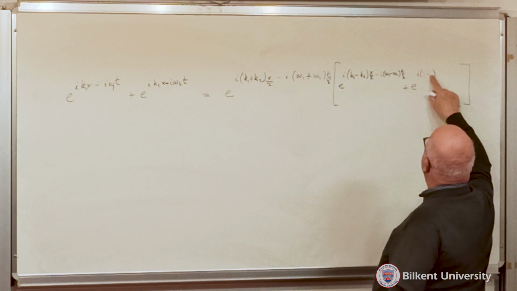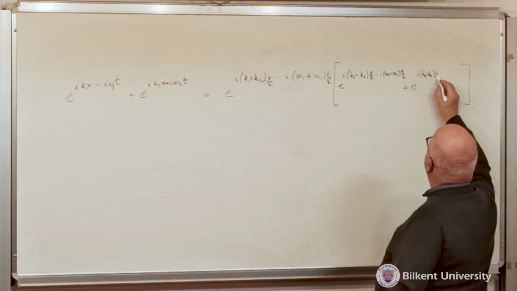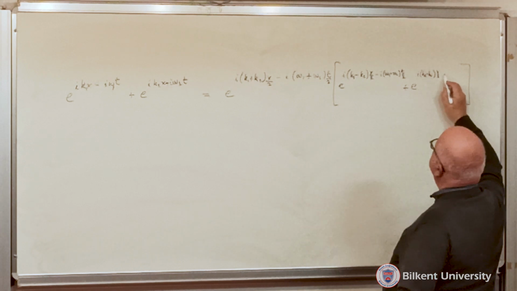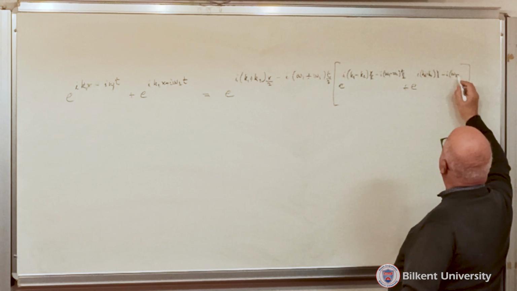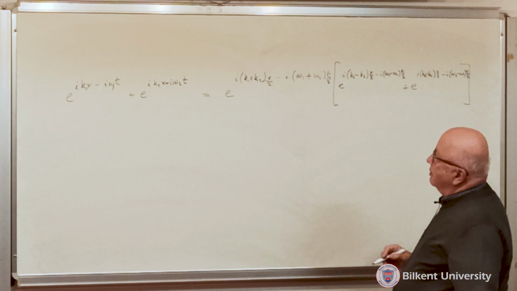So this is going to be (k2 - k1)x/2 minus i(ω2 - ω1)t/2.